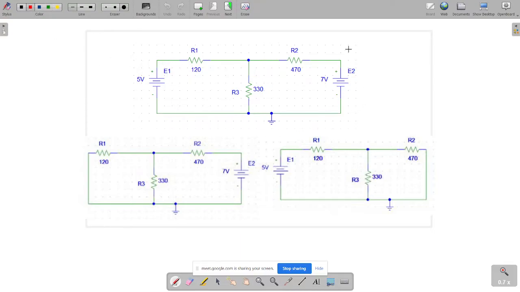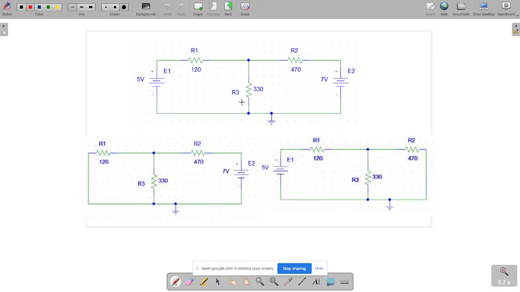So this particular circuit, as we can all see, has E1 and E2 as two voltage sources, right? This circuit has three different branches: the first branch containing R1, the second branch containing R2, and the third branch containing R3.